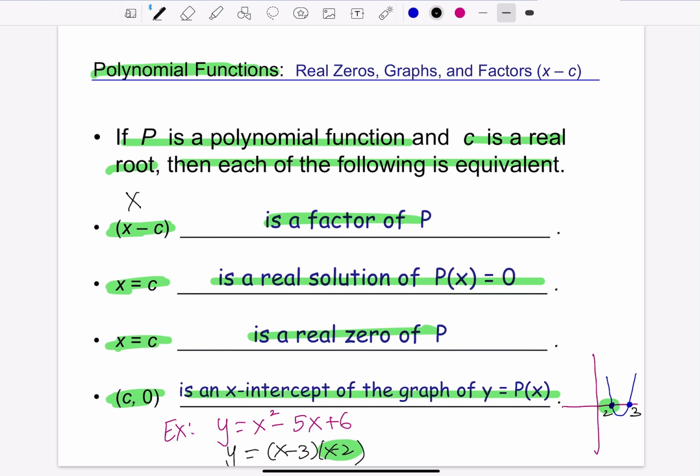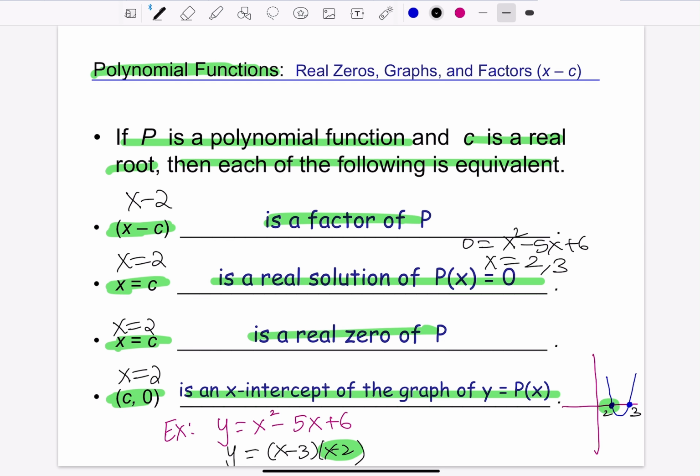So if x minus 2 is a factor, x equals 2 is a 0 for the polynomial, x equals 2 as an intercept. And if I were to solve 0 equals x squared minus 5x plus 6, then my two solutions would be x equals 2 and x equals 3. So all these are equivalent: the x-intercepts, roots, solutions, zeros are all the same numbers.